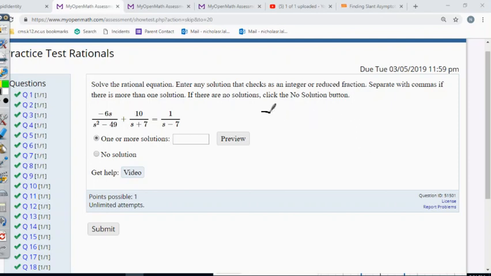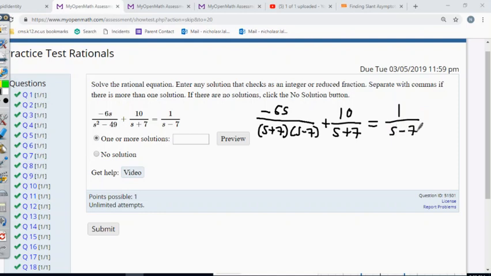So you have negative 6s over s plus 7 times s minus 7, plus 10 over s plus 7 is equal to 1 over s minus 7. Sorry, s minus 7 over s minus 7.